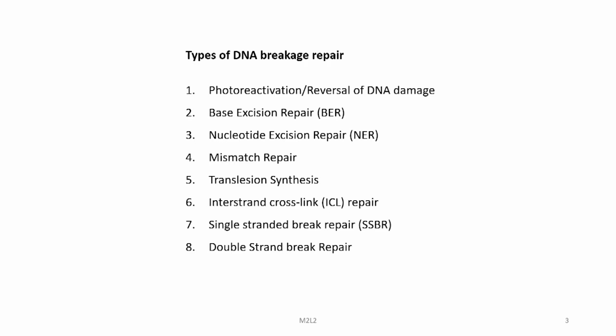So what are the different types of DNA breakage repair systems inside the cell? We have classified them into 8 main types, which are photoreactivation or reversal of DNA damage, base excision repair, nucleotide excision repair, mismatch repair, translesion synthesis, interstrand crosslink repair or ICL repair, single stranded break repair, and double stranded break repair.